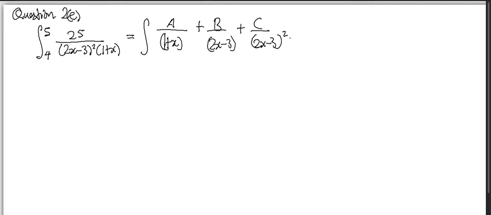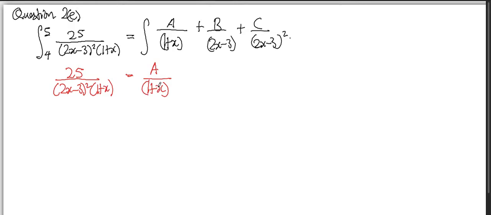So writing this, you will have 25 over (2x minus 3) squared times (1 plus x), and this is equal to A over 1 plus x. The aim is to make the denominators the same.